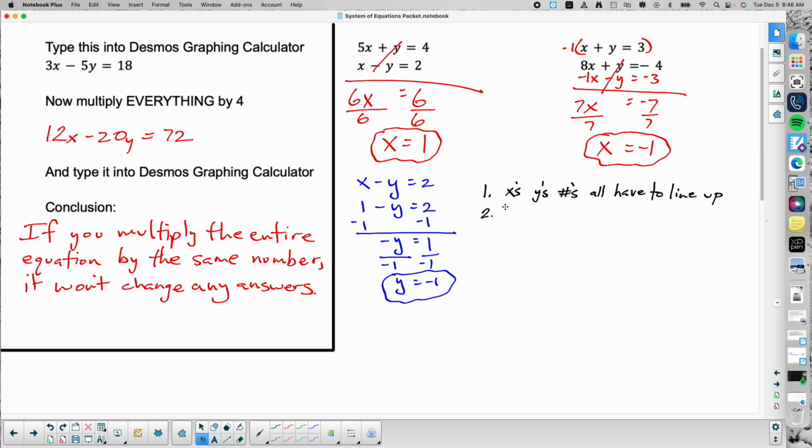Step 2 is you're going to choose the x or the y to cancel. It doesn't matter one bit which one you decide to cancel.